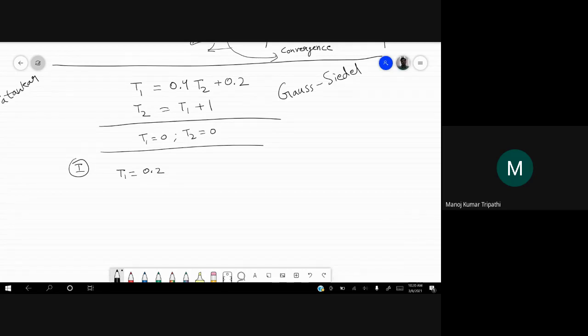And if you use this updated T1 value in the second equation, you get T2 equal to 1.2, that is 1 plus 0.2. This is the first iteration. Now these values we are going to use in the second iteration.